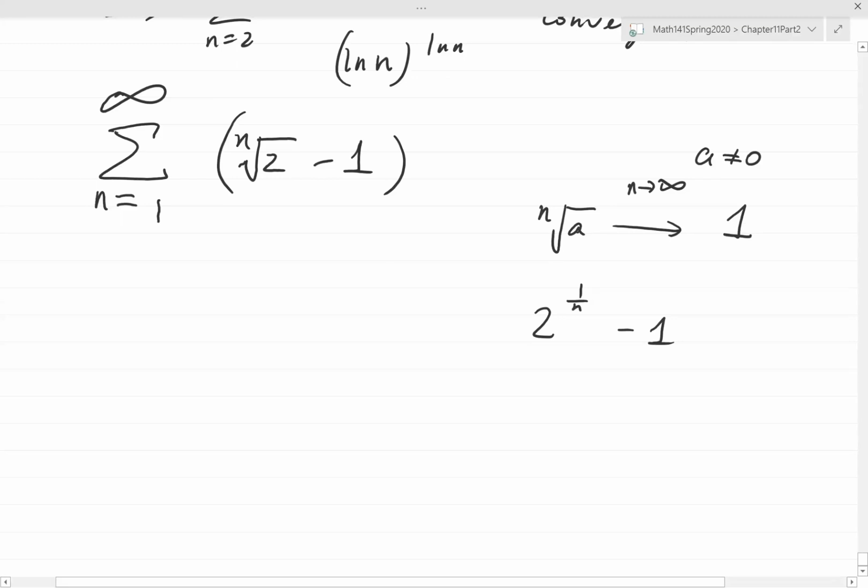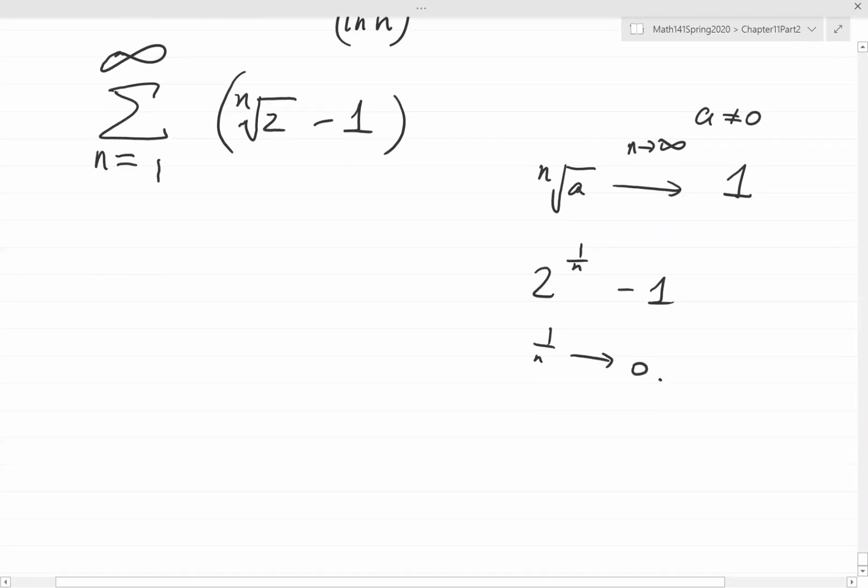So as n approaches infinity, 1 over n approaches 0. We can view this by the mean value theorem. So how do we do that?